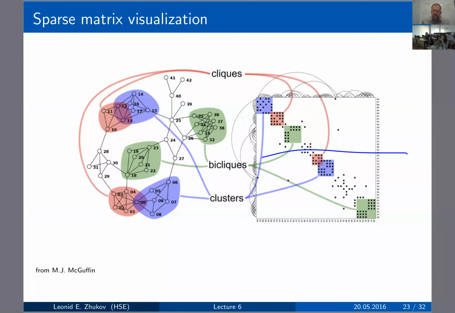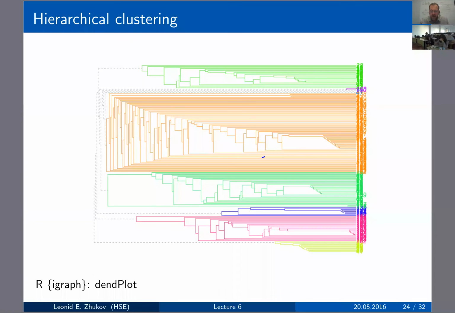Here is an example for the particular graph you saw, where I just ran traditional hierarchical clustering on that graph. It's hard to see, but right here we get node numbers, and nodes are shown in such a way that nodes belonging to the same cluster are next to each other.